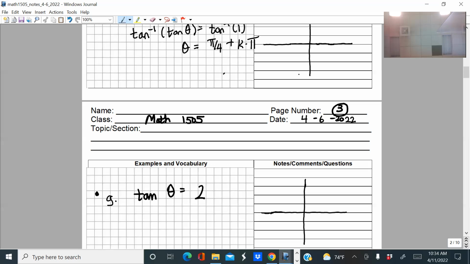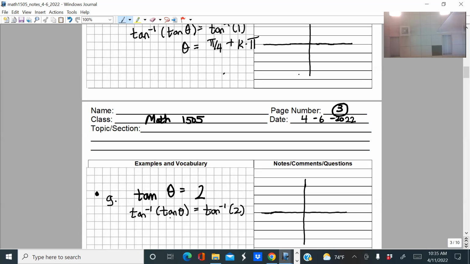Okay, let's try this one. So y'all can just tell me what I need to do. So formally, what's the first step here? Yeah, use inverse tangent, right? So just like in the prior example, apply inverse tangent to both sides. And now here's where the calculator becomes essential, because only the calculator knows what the inverse tangent of 2 is.